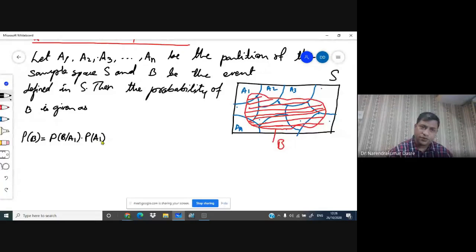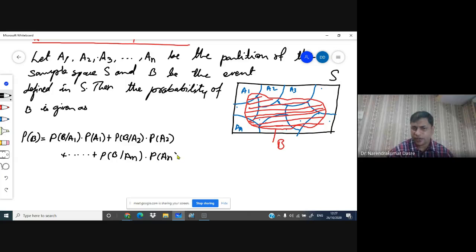And then I'll have plus the probability of B on A2 into probability of A2. So that means only this portion of this A2 I'm considering. And then so on, I can have the probability of B on AN into probability of AN.